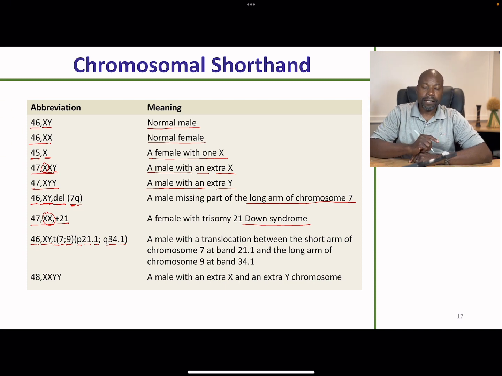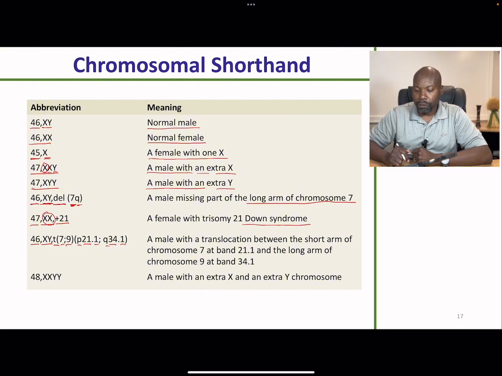This means that between chromosomes 7 and 9, there is translocation, first and foremost. Second, there are bands that are mingled, right? Not only that, but also the arms, the short arm and the long arm. Now, let's be a little more specific here. So, we're saying at chromosome number 7, right, band 21.1, right?